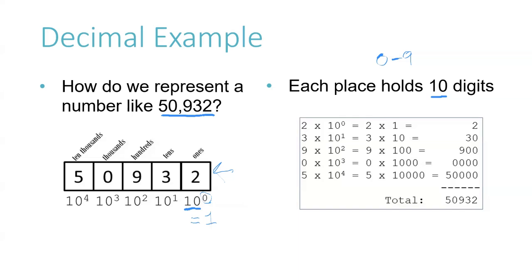The second column also has a base of 10. Each column here has 10 as its base, and it's just growing exponentially. The second column has the exponent 1, and if you raise any number to the power of 1, it becomes itself. So this column is counting how many 10s we have.